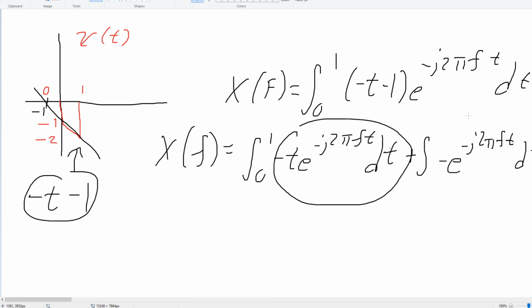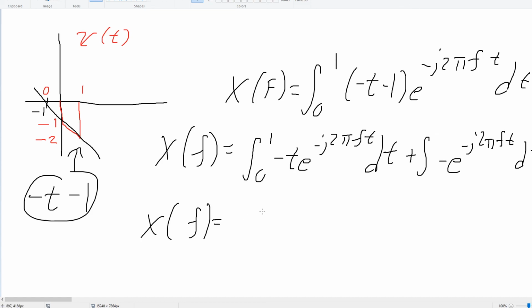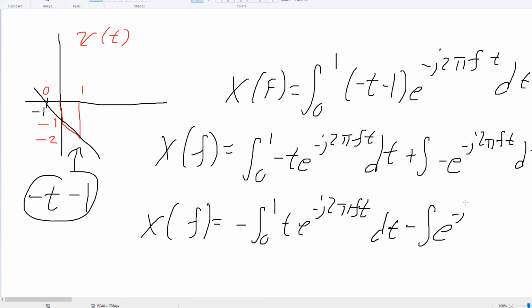If you were to just take out those negatives, it would look very similar to what we've done before. Negative integral from 0 to 1 of t e to the negative j 2 pi f t dt, minus the integral of e to the negative j 2 pi f t dt. We have integrated this one just right before this.